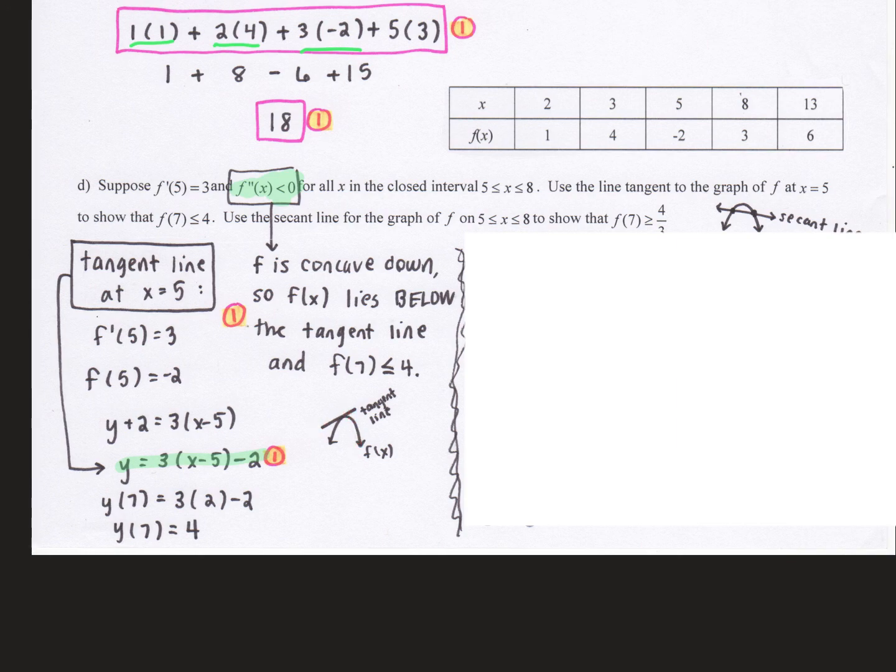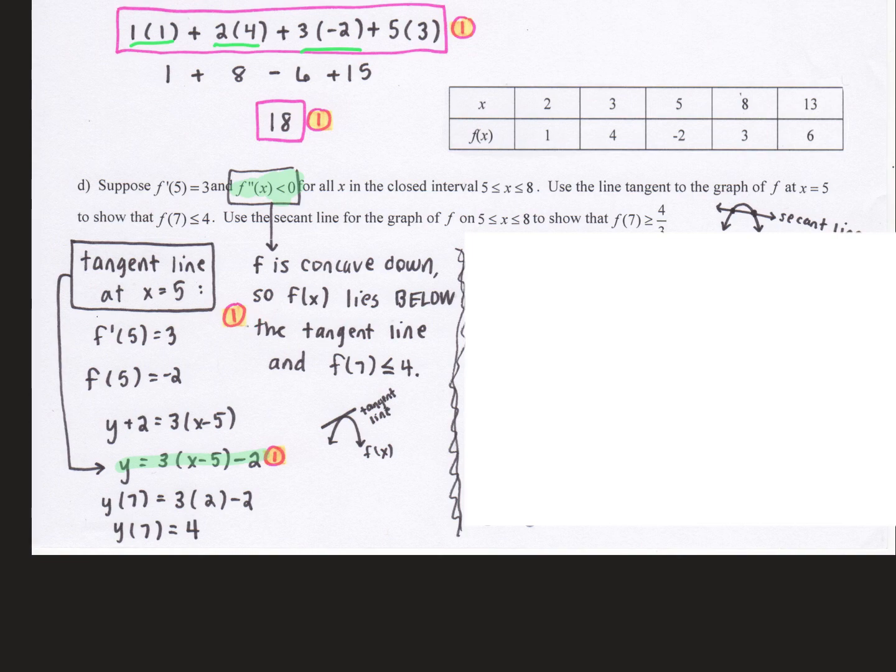So when I take that 7 and plug it into my tangent line, I get a 4. But since my tangent line is above the graph, my f of x is below. Therefore, f of 7 is going to be less than or equal to that tangent line value of 4. Point-wise, you get a point for this equation, and then you get a point for this justification of why f of 7 has to be less than or equal to 4.